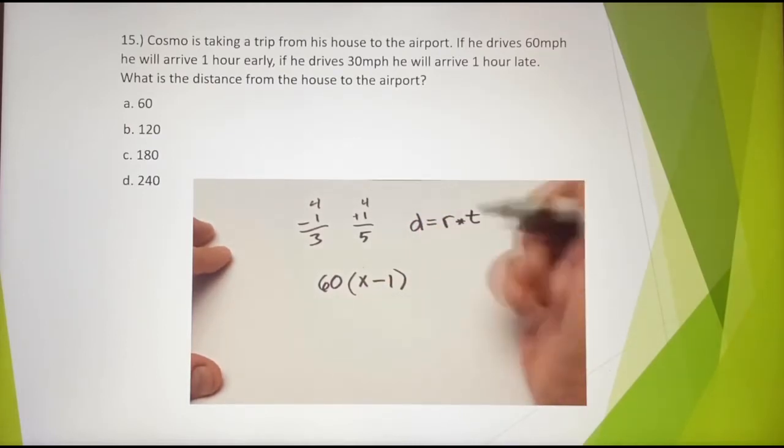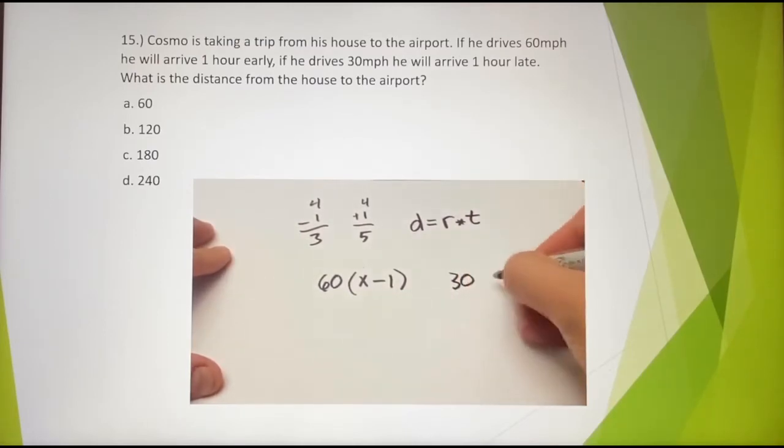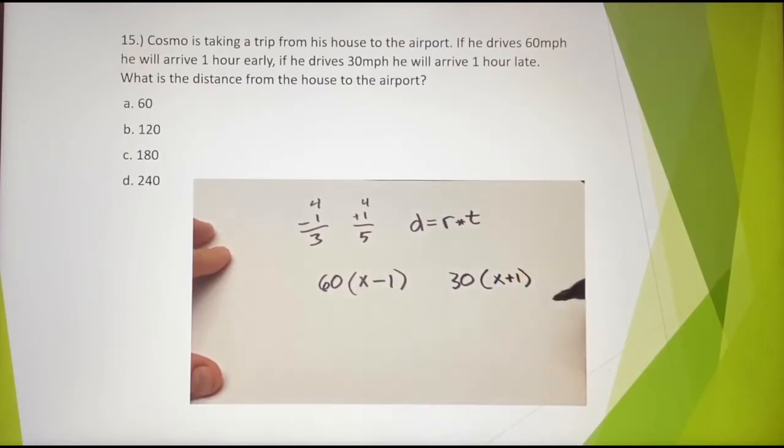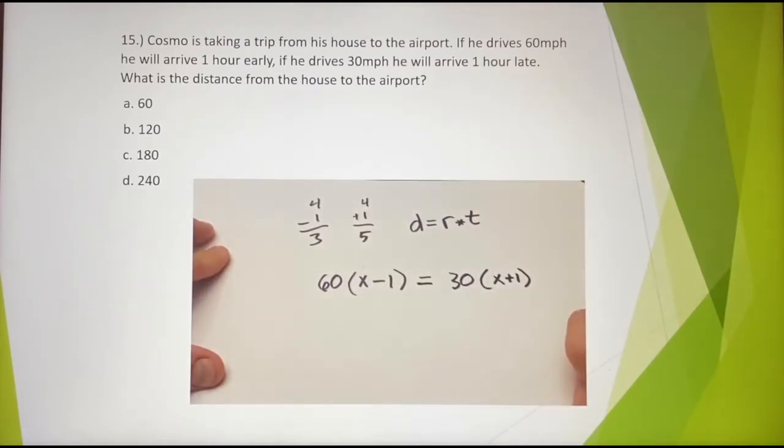Similarly, 30 miles an hour is going to be multiplied by x plus 1 because that gets us there an hour late. The distance doesn't change based on our speed, so these two distances are equal to each other, and we have an equation that we can solve.